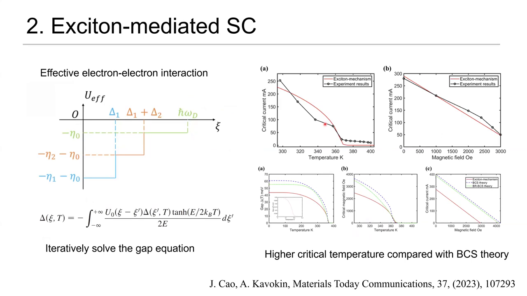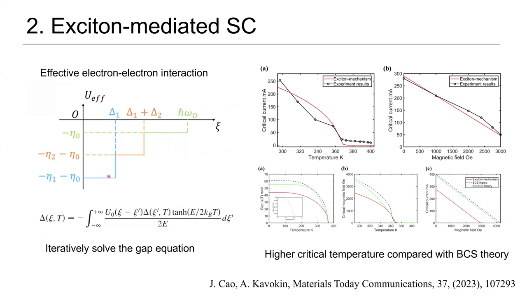By proposing these different scattering channels, we can have a multi-step effective potential, and this can be solved iteratively. Finally we can produce the gap function based on this effective potential.